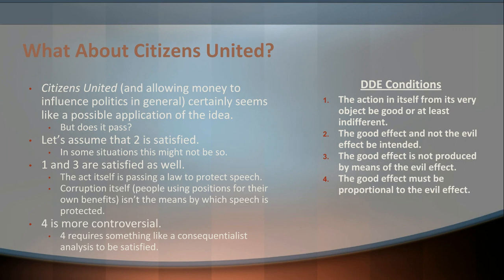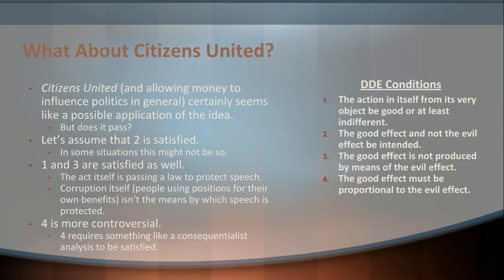But we can now take this and apply it to, say, Citizens United as being an example of an action or a situation that allows for greater corruption and more money in politics with the intent of trying to preserve free speech.